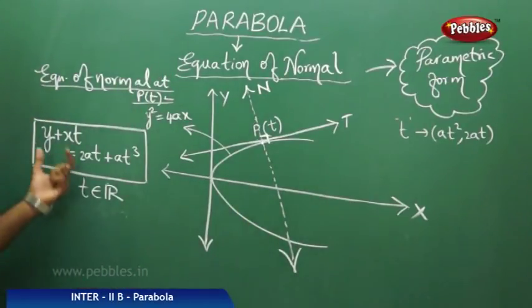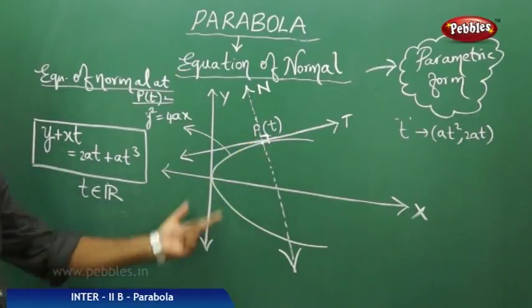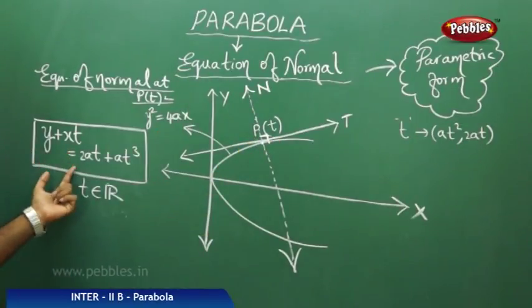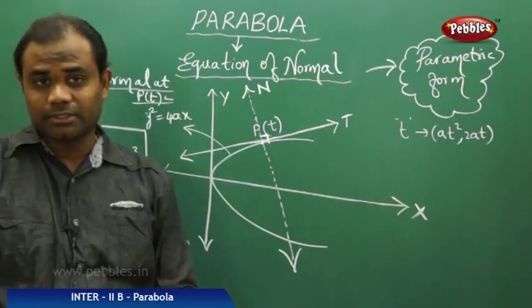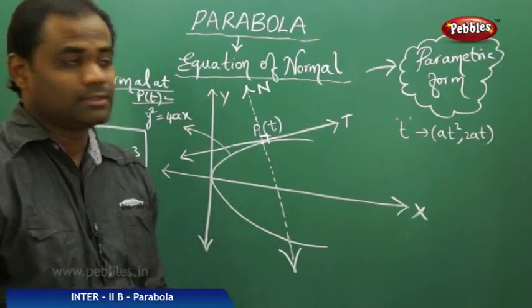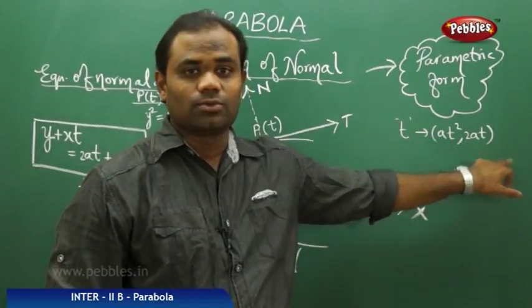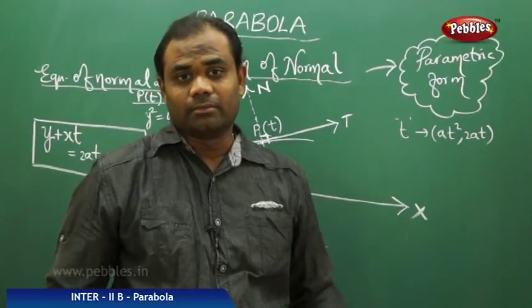So equation of normal at P of t is y plus xt equal to 2at plus at cube, where the parametric point t is at square, 2at. t is a real number.